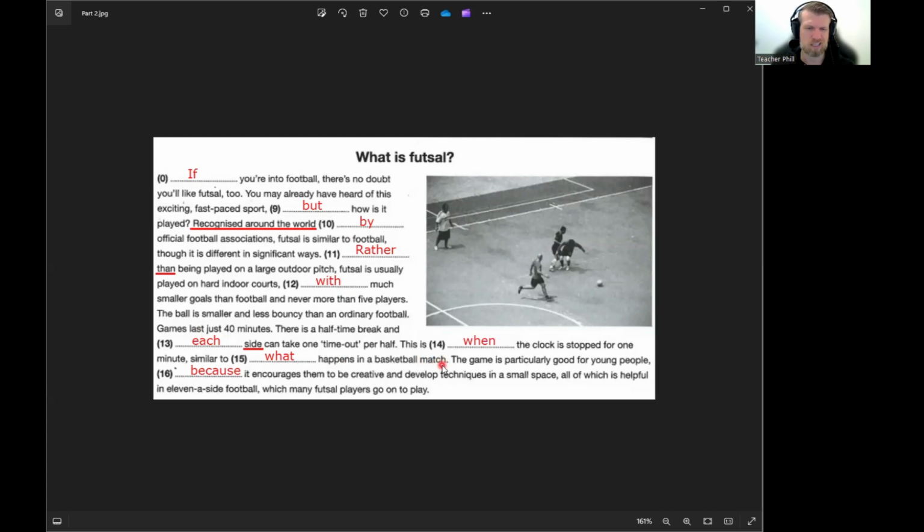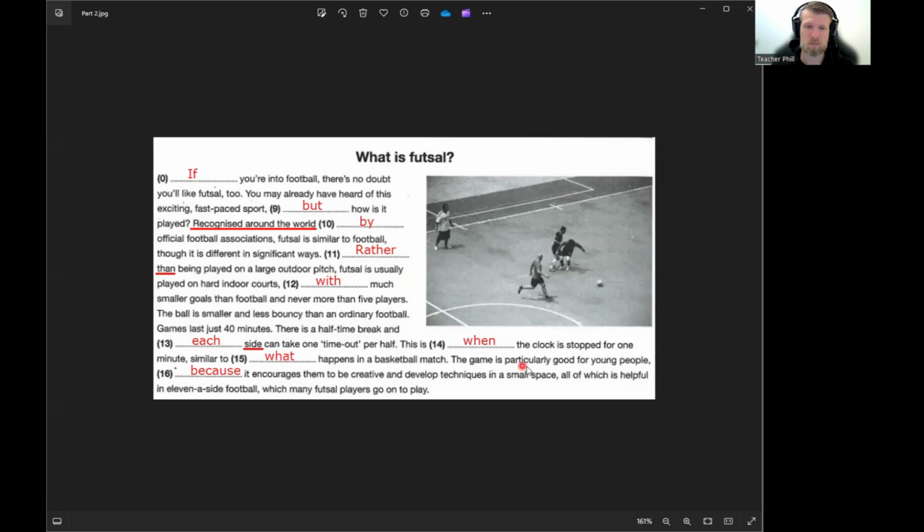It is a similar situation, and so I think here when and what are probably the best options. This is when the clock is stopped, similar to what happens in a basketball match. Instead of what, we normally can say that which: when the clock is stopped, which happens in basketball matches. But we can only use one word, so here what I think is the correct option.